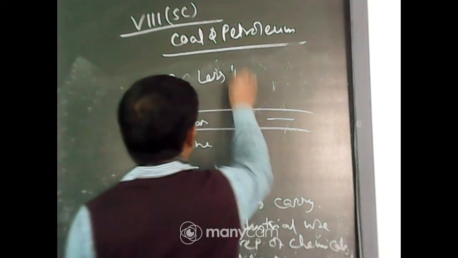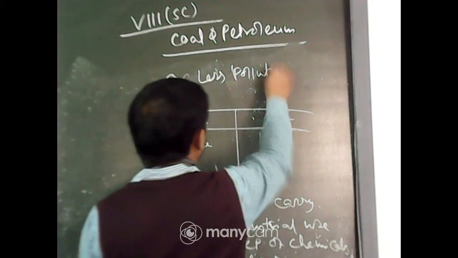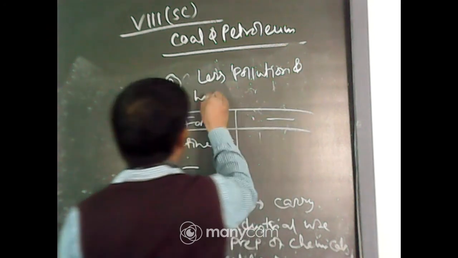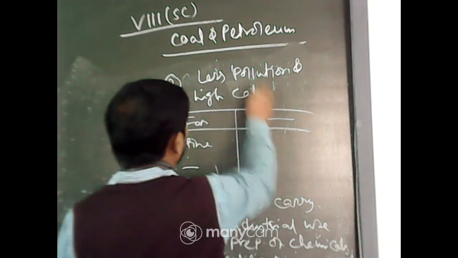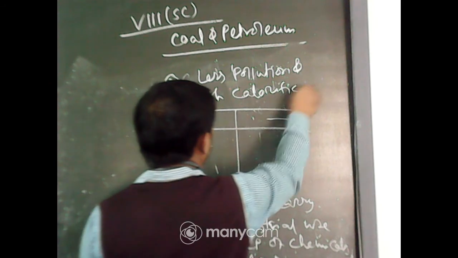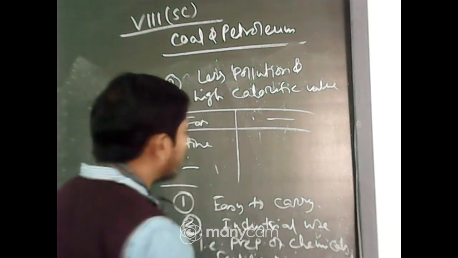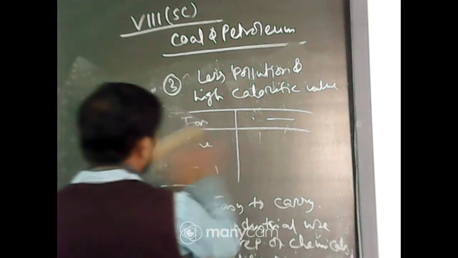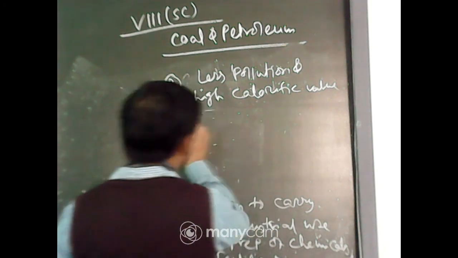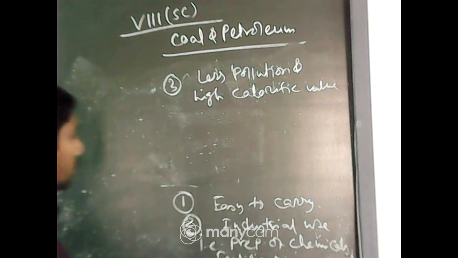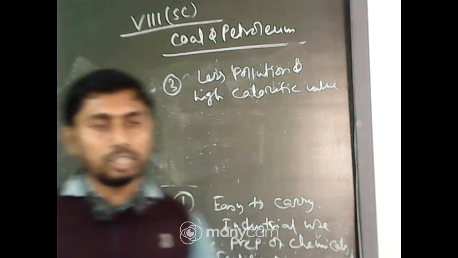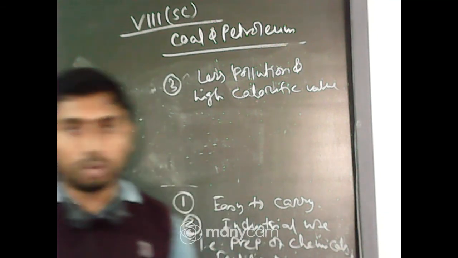Less pollution and high calorific value. You have studied earlier what is the calorific value in the chapter on combustion and flame. So, these are the advantages of using CNG over coal and petroleum.